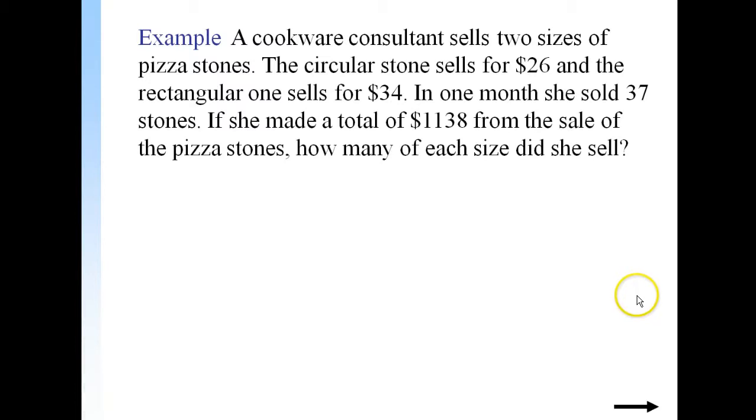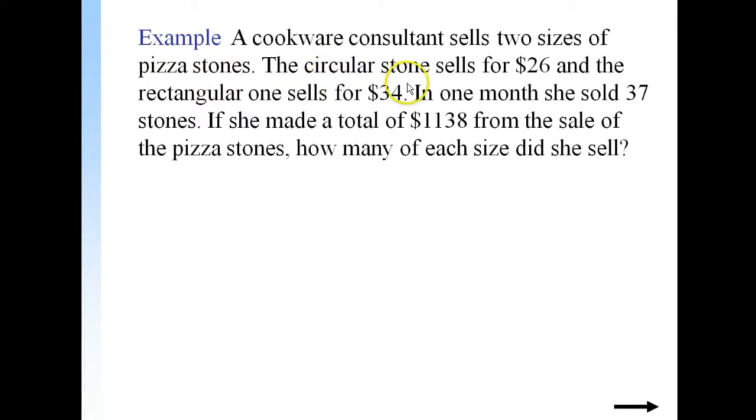Now again, the key to these, as you do them in your practice and later quiz me, do it slowly. You want to understand the problem. You want to work it. So here again, we're dealing with cookware this time. And there are two sizes, okay, of pizza stones.